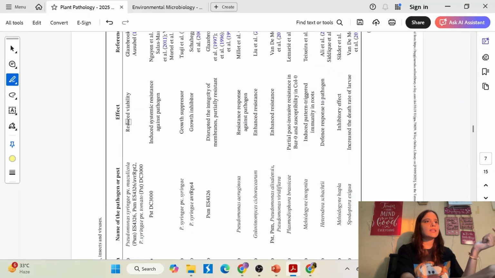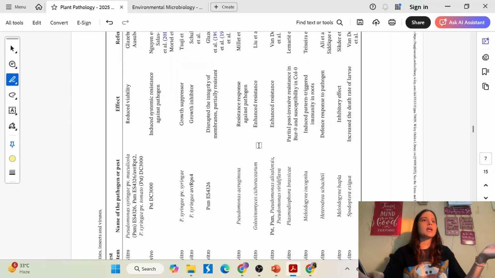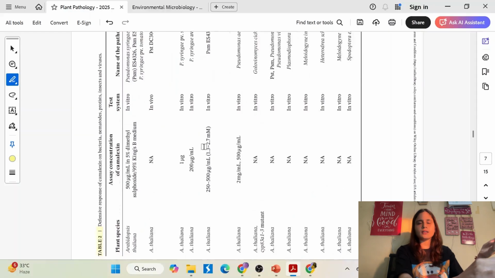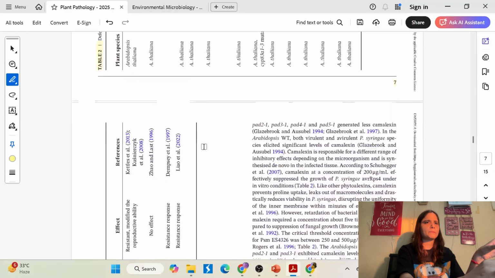Okay, and then the effect they have studied. The majority of it states that camalexin is showing enhanced resistance in the plant against the pathogen. Or they state that it is increasing the immune response, meaning they are simply resisting the pathogen, in simple sense.